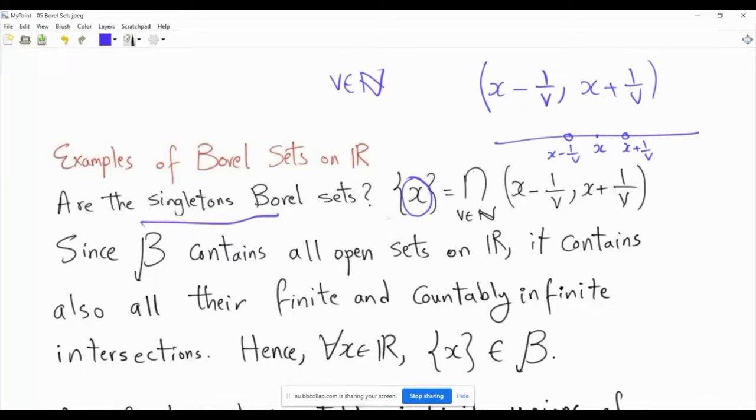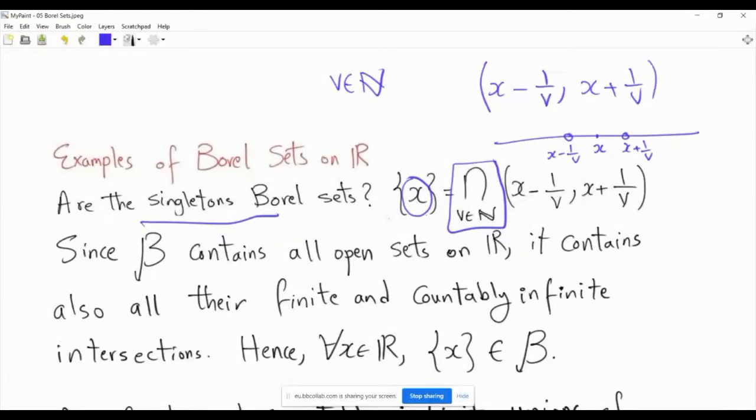Now, what if you take an intersection of all those open intervals, basically sweeping v over all natural numbers? The claim is that if you intersect those intervals, you will basically get the singleton, which is x. Why is this the case?